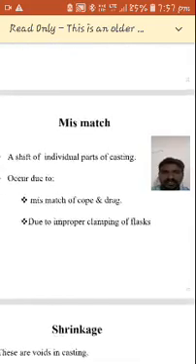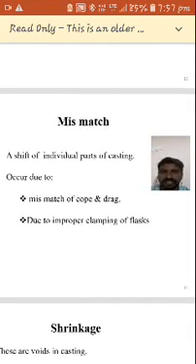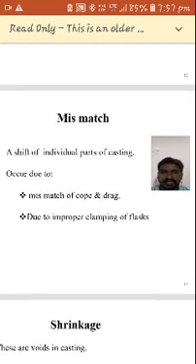Mismatch means a shift of individual parts of the casting. It occurs due to mismatch of the cope and drag. The cope and drag should be aligned on the same axis, so if there is some deviation and you correct it, the mismatch will be corrected. It also occurs due to improper clamping of flasks. The cope box as well as the drag box should be clamped properly.